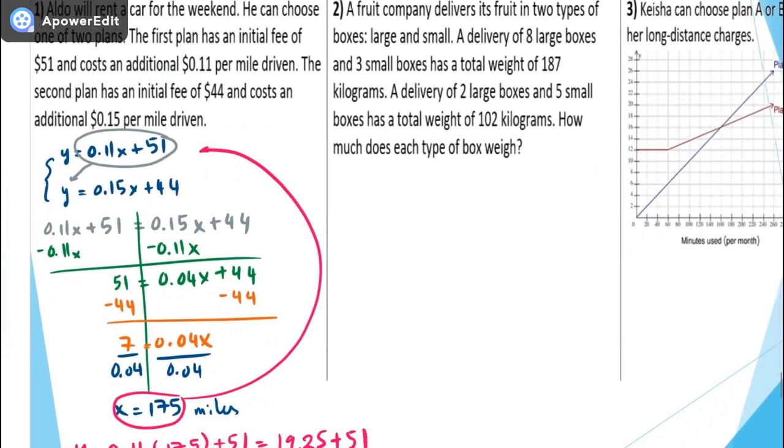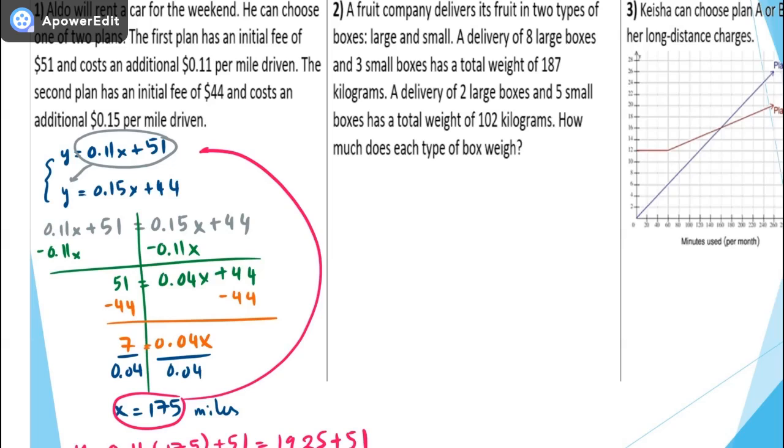Number 2. A fruit company delivers its fruit in two types of box, the large and the small. A delivery of 8 large boxes and 3 small boxes has a total weight of 187 kilograms. A delivery of 2 large boxes and 5 small boxes has a total weight of 102 kilograms.